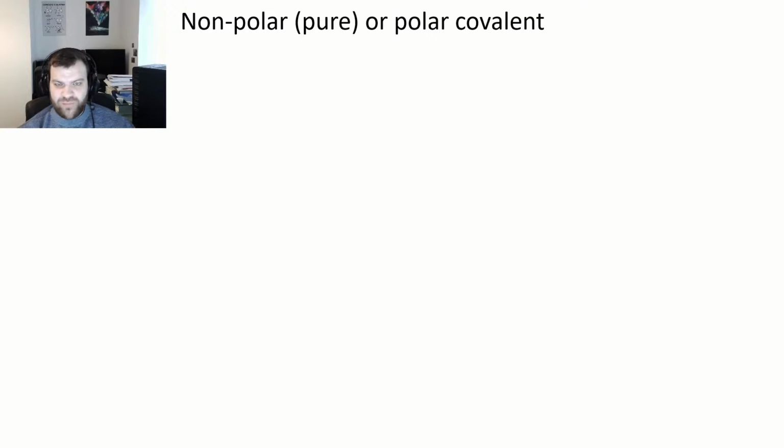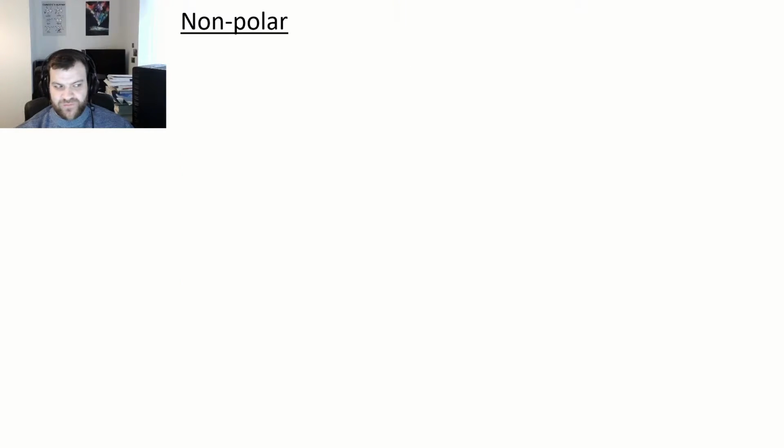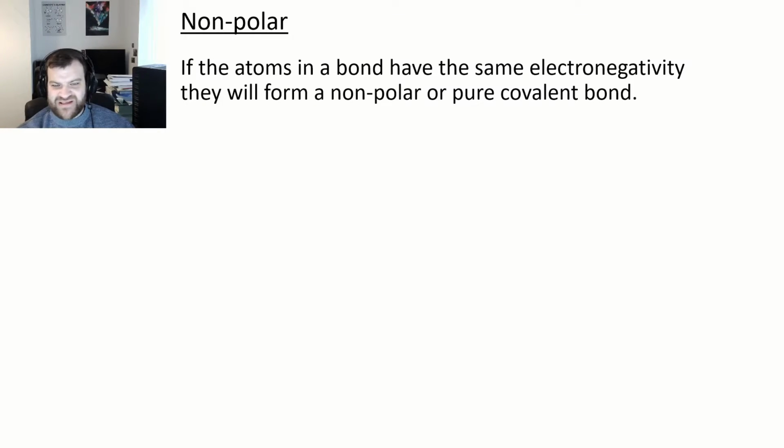Whether we have non-polar or pure covalent versus polar covalent bonds depends on the electronegativity. And we are going to imagine it as a tug of war with the pull on the electrons. If we have a non-polar bond, this means that the atoms will have the same electronegativity, or the same pull on those shared pair of electrons.